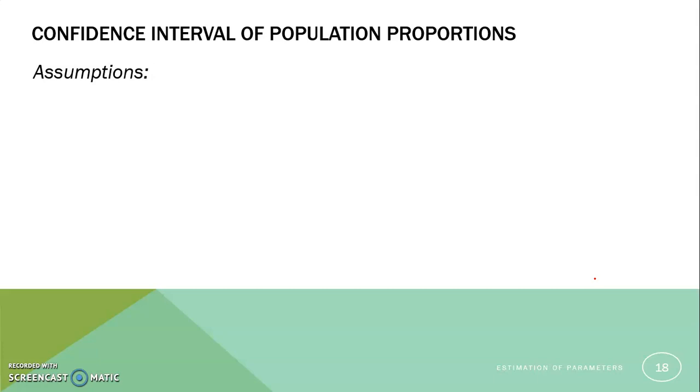It is the same with the population proportion. The only difference is the parameter. In the previous topic, our parameter was the population mean, while here our parameter is the proportion.